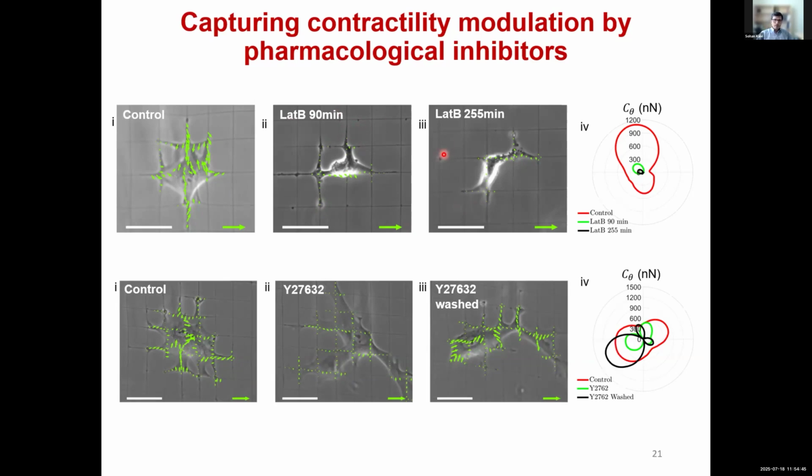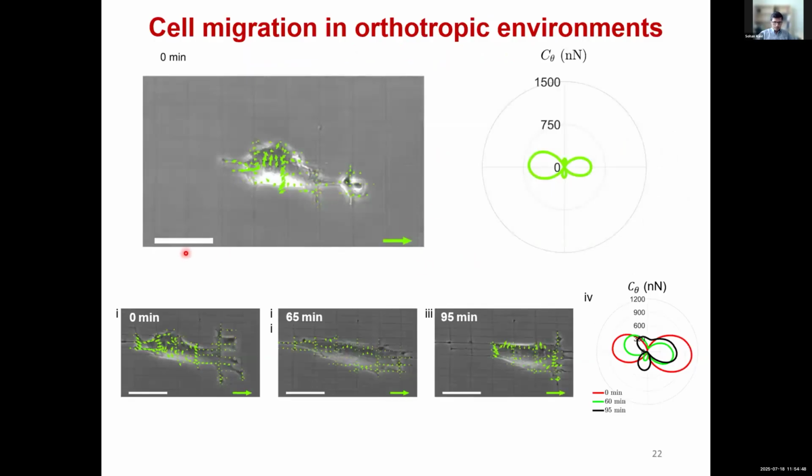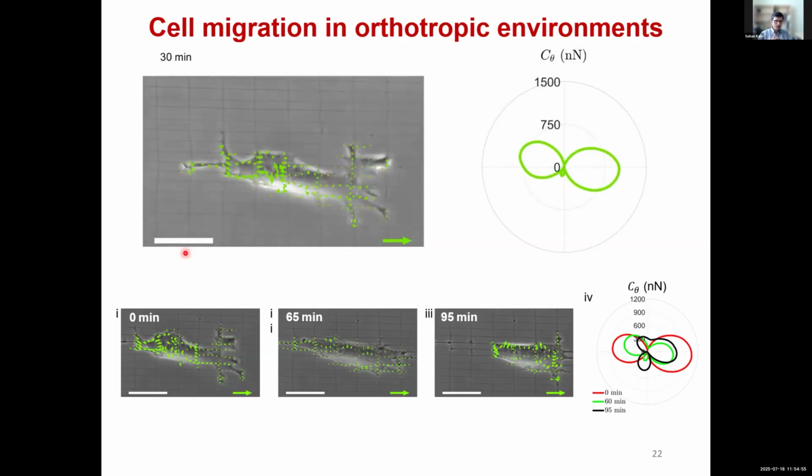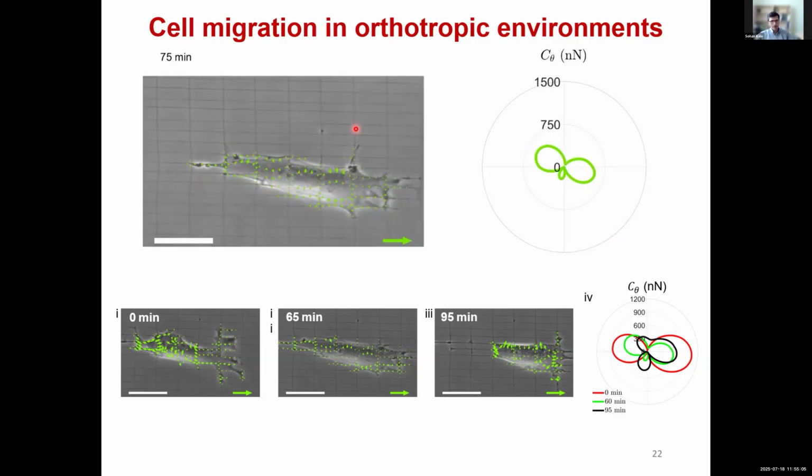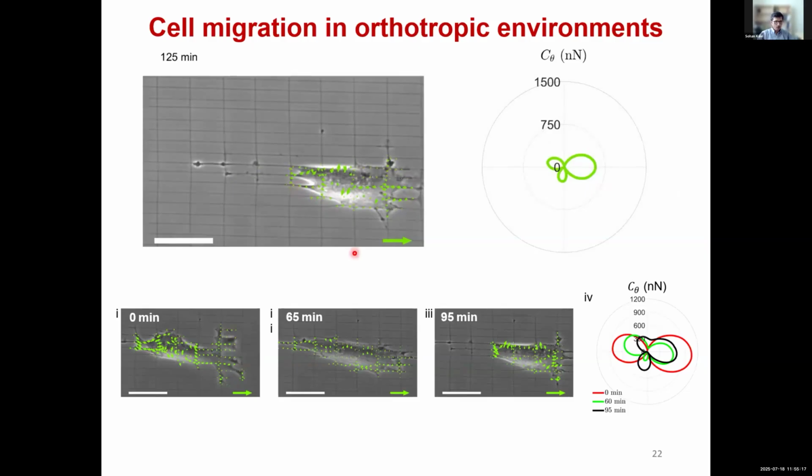We have also tried understanding forces during cell migration on grids that are not square but rectangular, and naturally because the stiffness between two directions is different, cells tend to be elongated along the direction in which the fibers are denser, and the force polarity patterns also capture this polarity of the cell over the migration cycle.